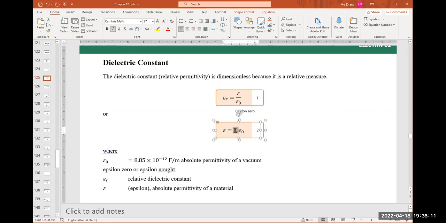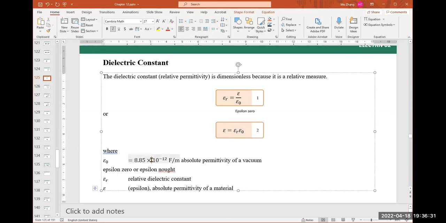And epsilon 0 is the permittivity for vacuum. That is a constant number, 8.85 times 10 to the negative 12 farad per meter. This is how well a vacuum can be used to store charges. This is the actual number.